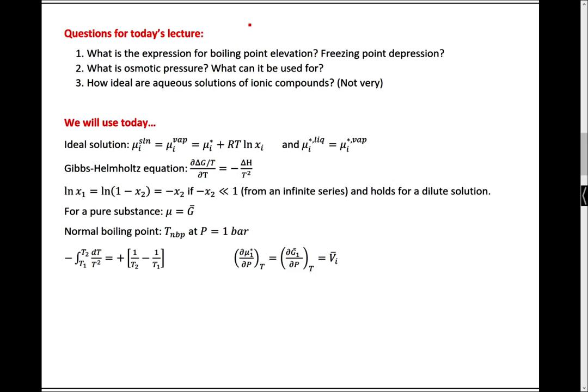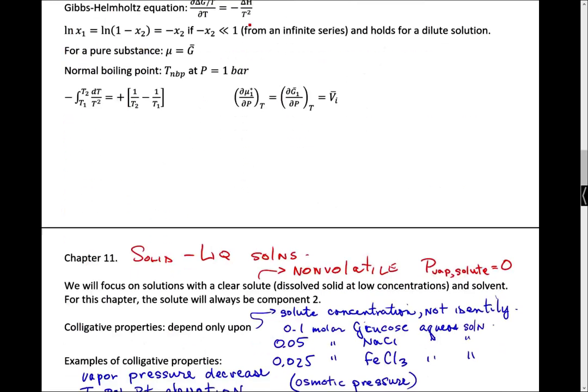And then that turns out to be the same as the negative of that mole fraction of the second component. And that comes from an infinite series. It's something you could do, we just don't have time to do it right now. We're going to use T_NBP to mean the normal boiling point. And then this integral we've seen before, and this derivative we've seen before. So we're going to talk about those as well.